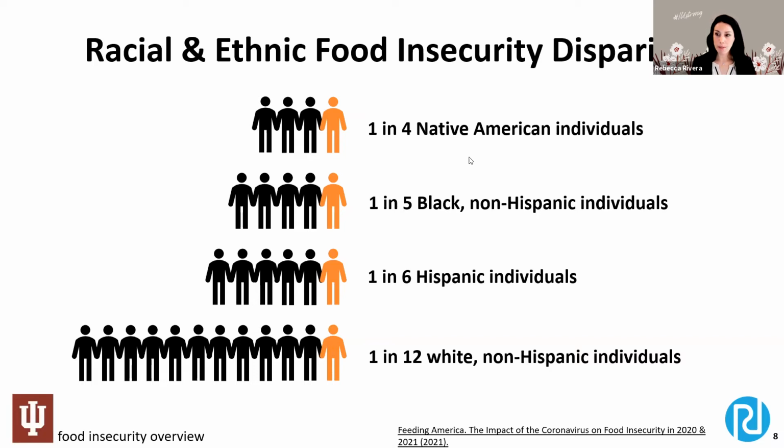So if you're able to get a sufficient amount of food, and a lot of people do rely on food banks and food pantries, then you might consider yourself to be food secure because you are acquiring foods. But if you're not able to access the type of foods that you want from the food pantry, then you might consider yourself still to be food insecure.